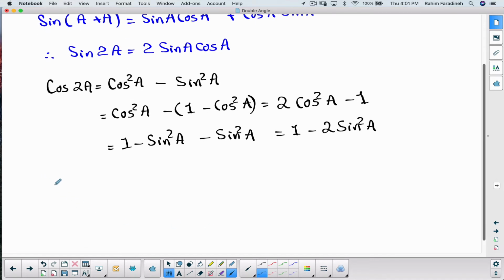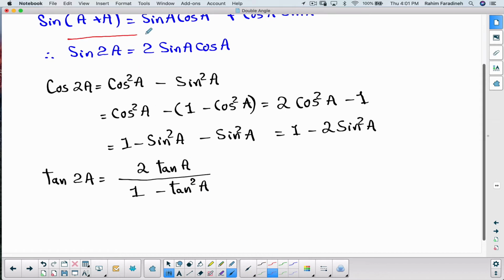Now, I'll leave that up to you guys to prove that tangent of 2A is equal to 2 tangent of A divided by 1 minus tangent square A. So these three formulas we're going to be using a lot.